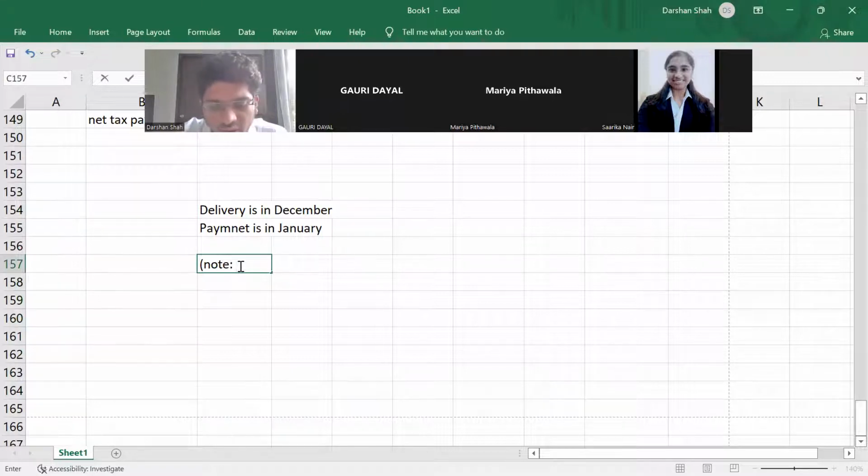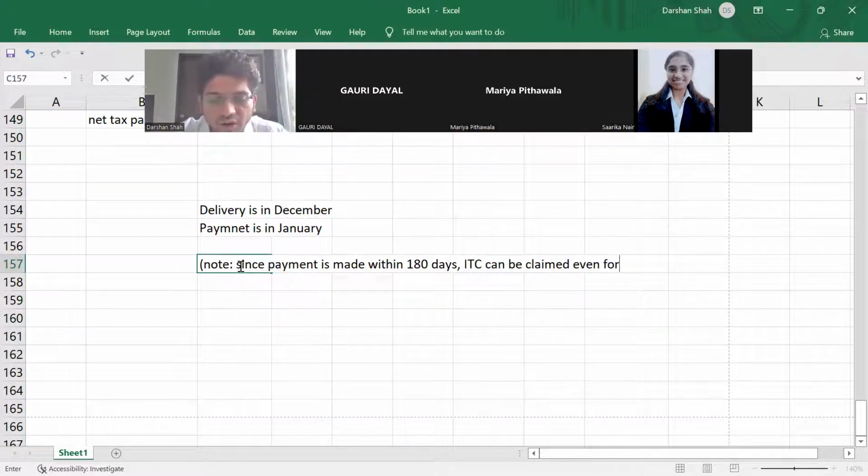Because this is what was told by the college professor also. Just write a note that since payment is made within 180 days, ITC can be claimed even for payments made in January.